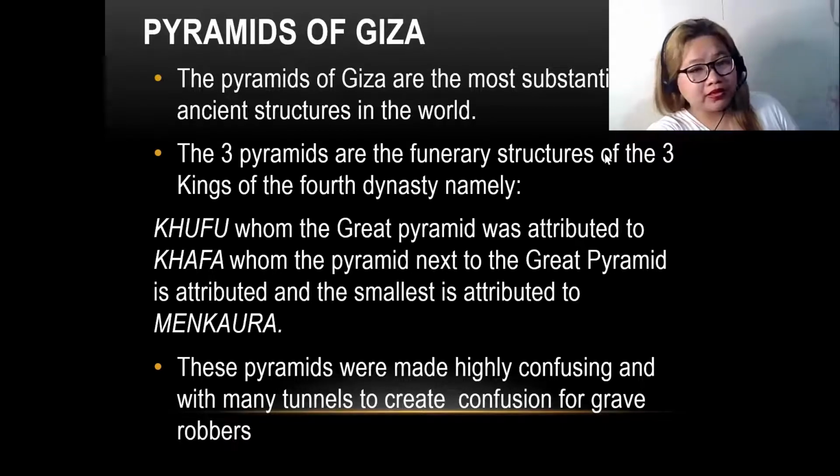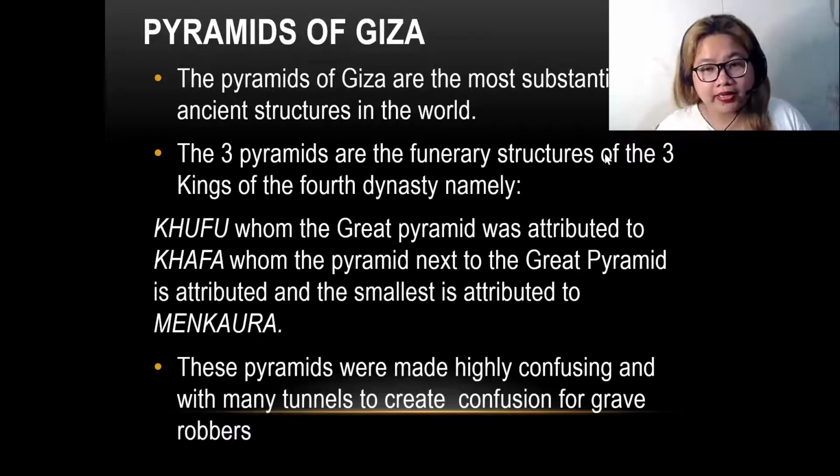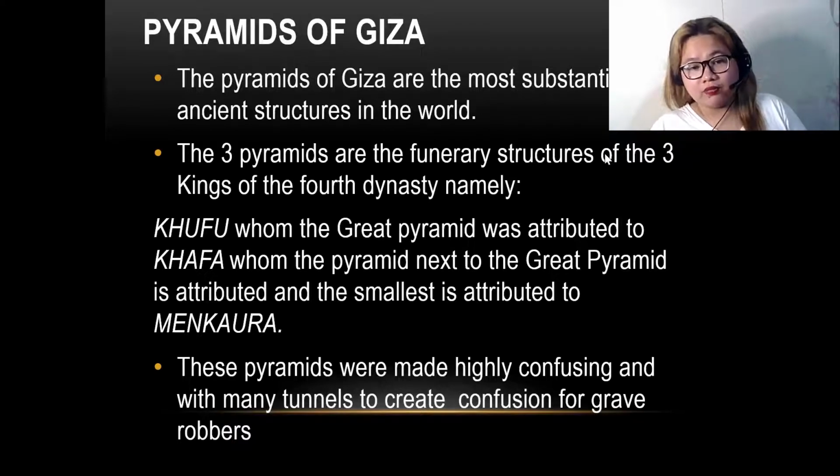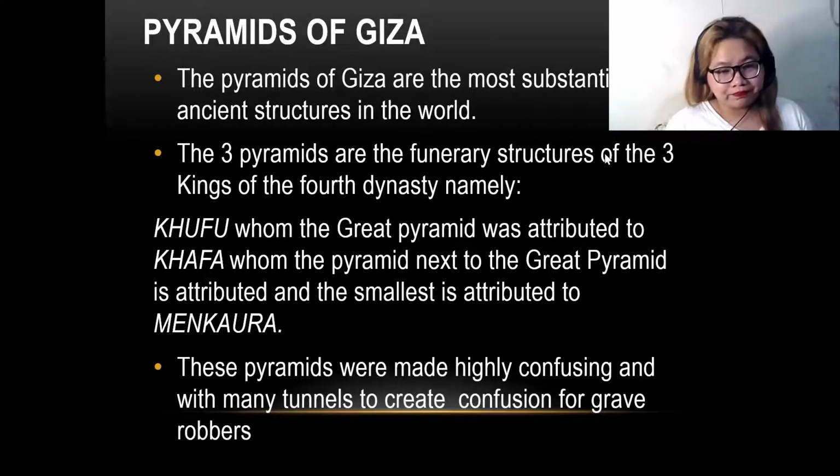Itong mga pyramid na ito ay ginawa talaga para gawing libingan ng tatlong hari nung 4th dynasty sa Egypt. So si Khufu, nasa kanya yung Great Pyramid, ito yung pinakamalaking pyramid. Then si Kaffa, whom the pyramid next to the Great Pyramid is attributed, and the smallest is attributed to Menkaura.